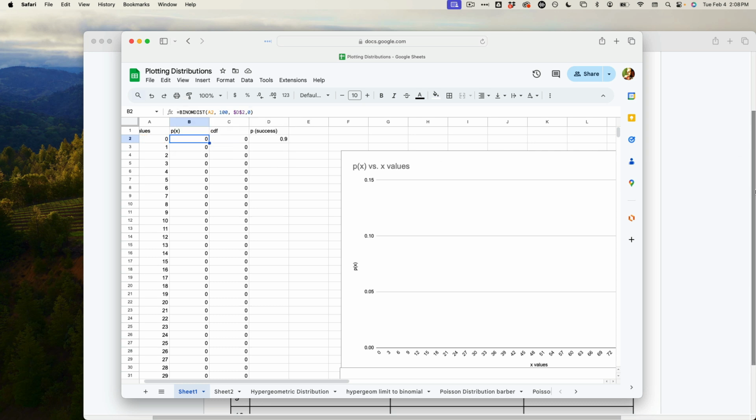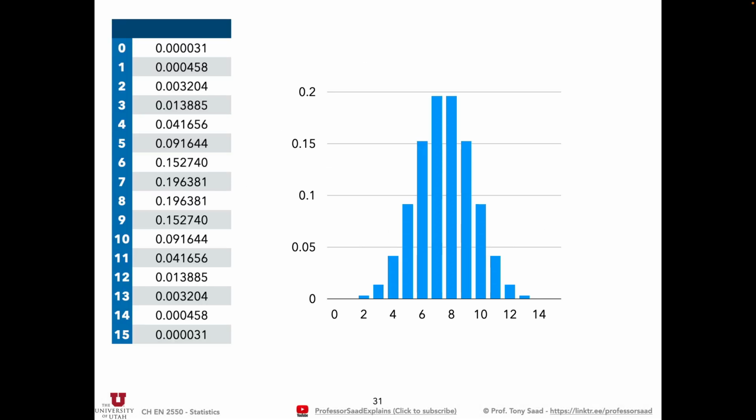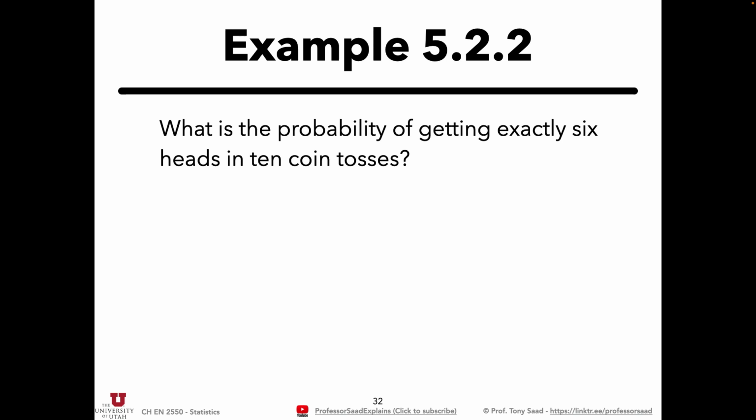Okay? So you can use your Google Sheets to answer these questions, or your calculator if it has binom distribution, or compute by hand, put in the formula by hand. Any one of those works for me. I don't mind. And so after plotting it, this is the same plot I showed earlier.